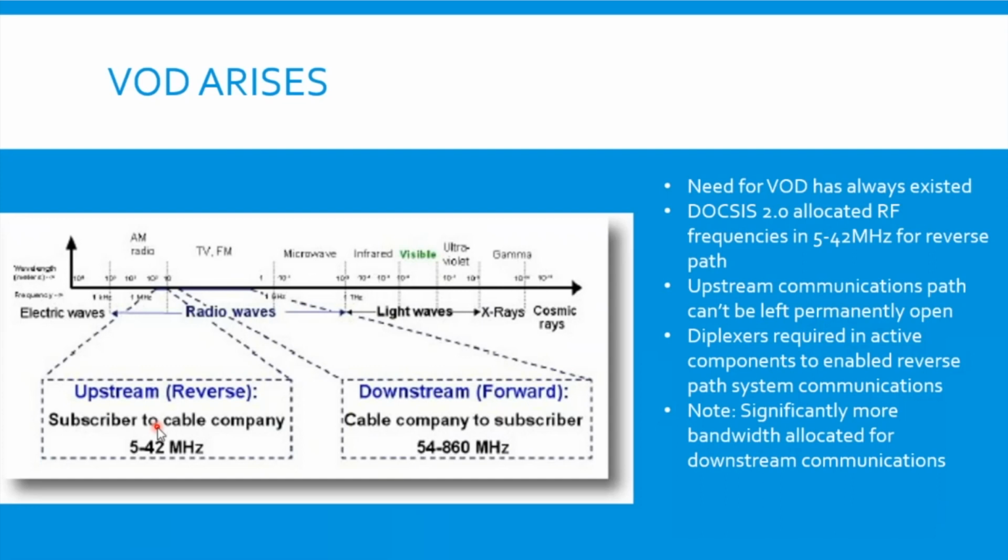Each 6 megahertz wide RF frequency can carry 38.8 megabits of data. So if you've got 5 to 42 there, you are looking at about 6 megahertz wide channels, each of them capable of carrying roughly 40 megabits per second of data. So you really can't carry that much data back upstream in this 5 through 42 megahertz environment absent channel bonding.